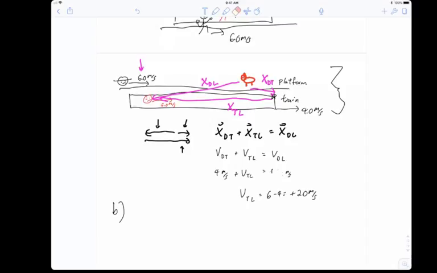So in this case, I still want the velocity of the lady relative to the dog to be 6.0. The velocity of the train relative to the dog is now 10.